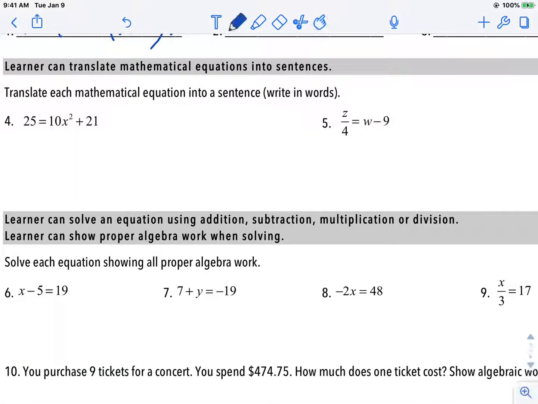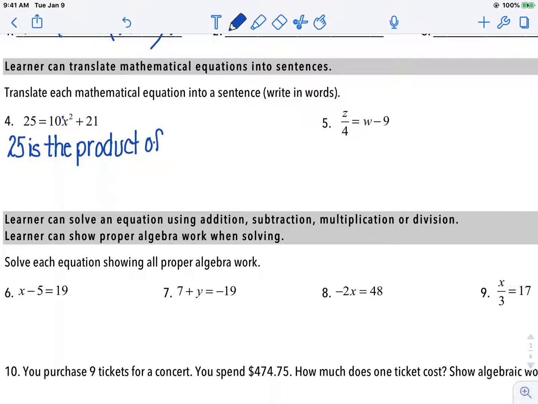In 4 and 5, you're going in the opposite direction. You're putting these into words. So something like 25 is. Then you want to talk about maybe the product of 10 and x squared to indicate the multiplying of those. The product of, or is 10 multiplied by x squared?